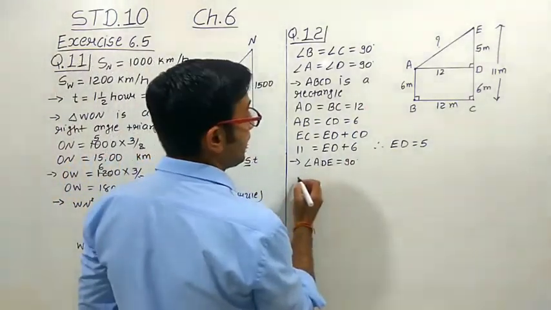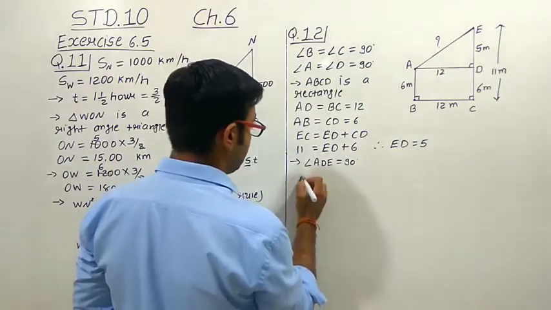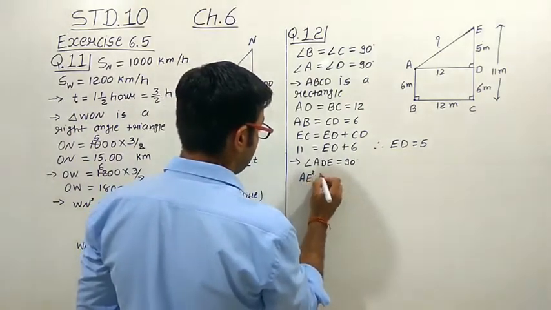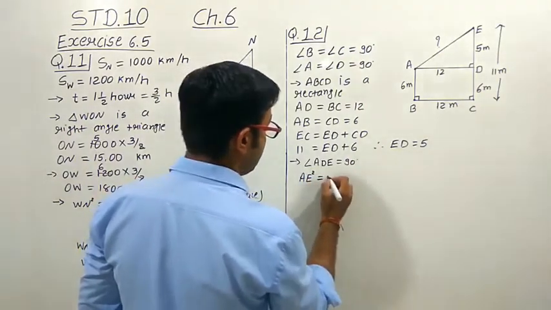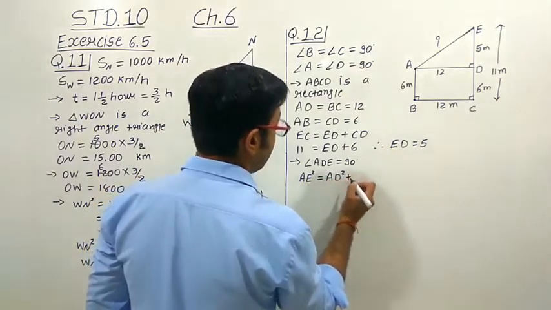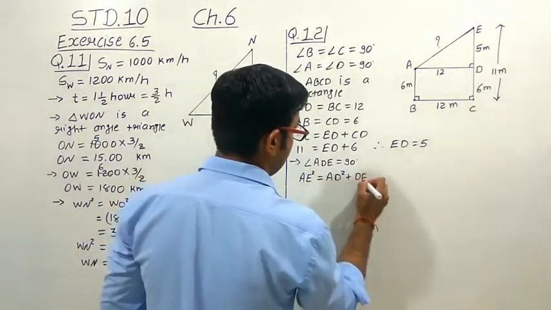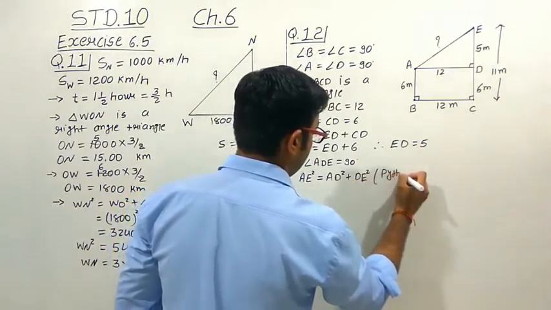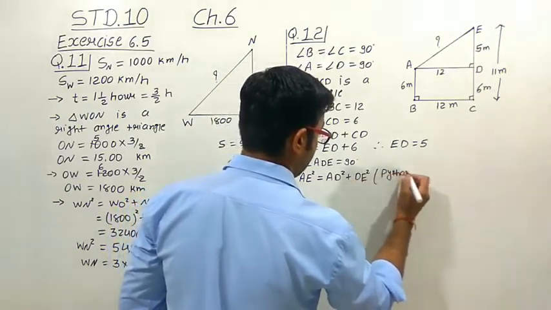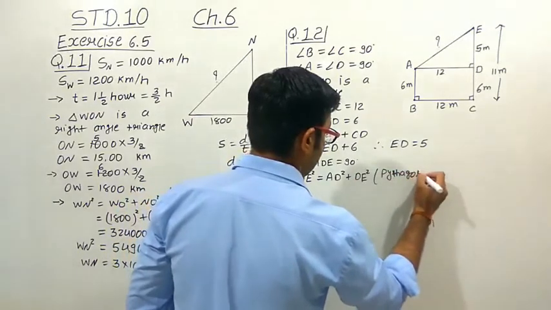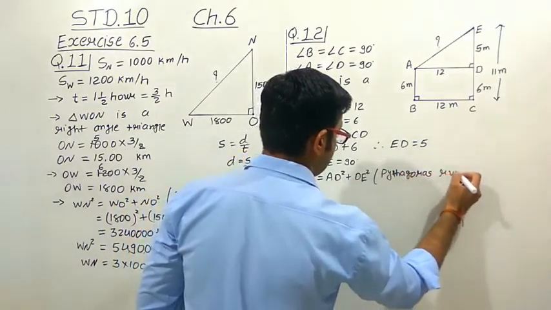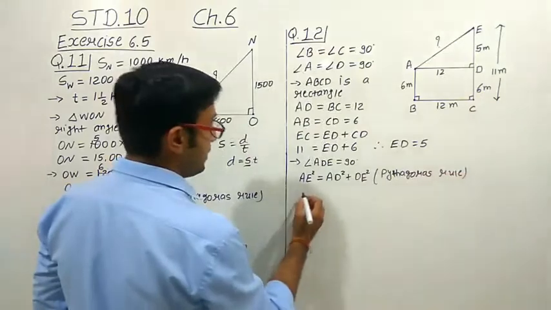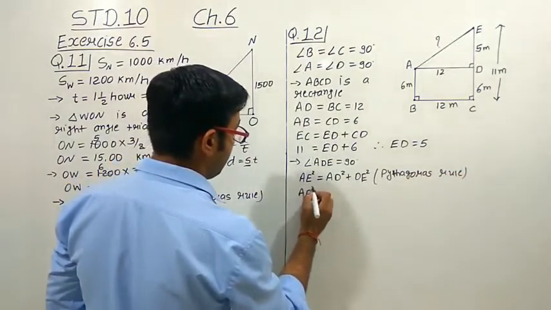We can write that AE square is equal to AD square plus DE square. This is what you can write according to the Pythagoras rule.